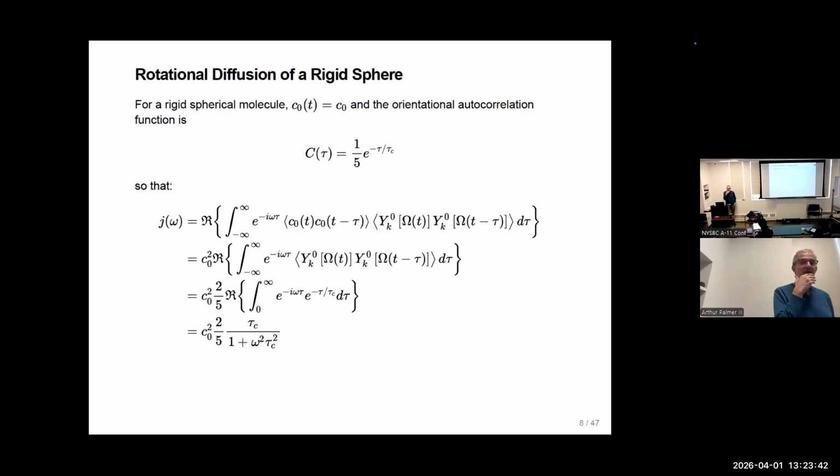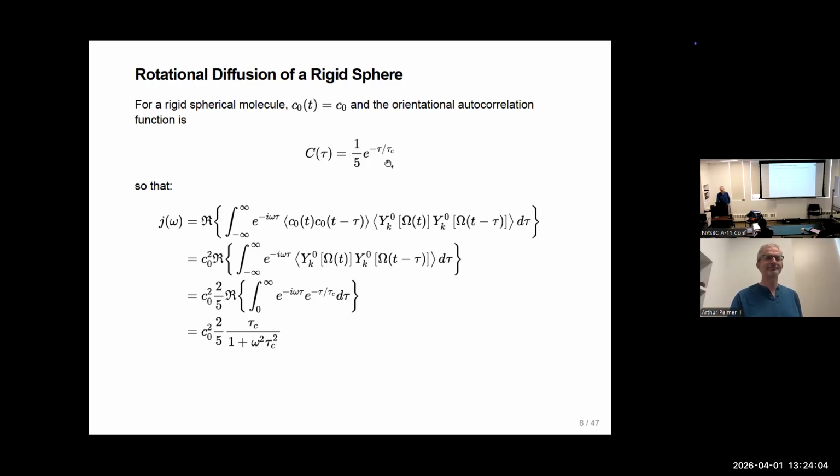Okay, so for a rigid spherical molecule, we would just have the autocorrelation function for a sphere, and that's 1/5 e to the minus tau over tau c, where tau c is the rotational correlation time.